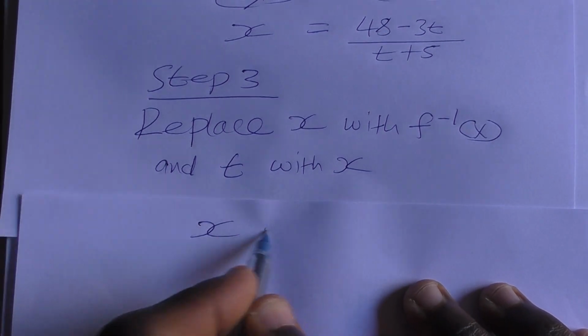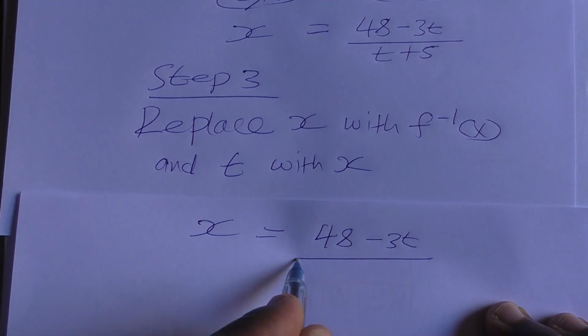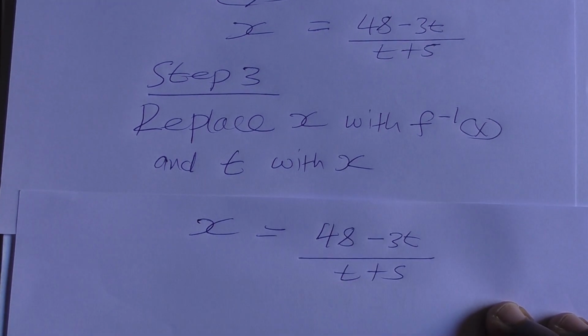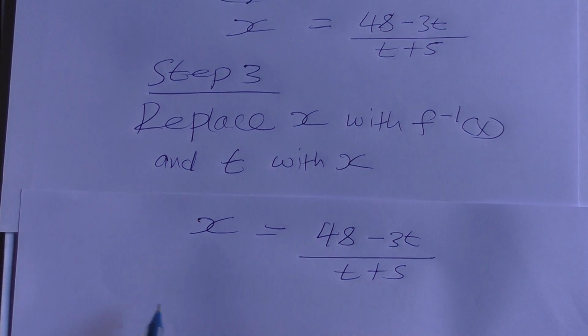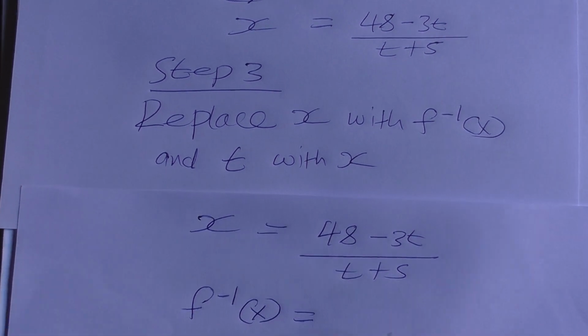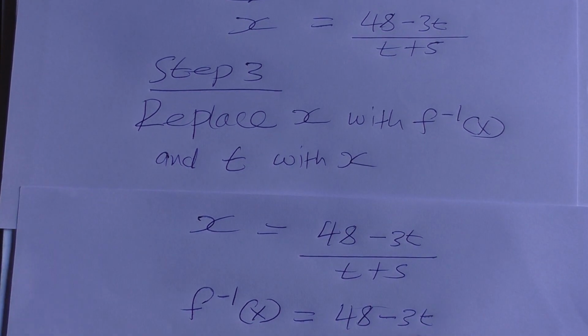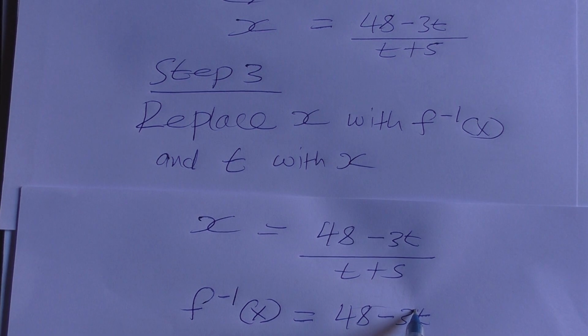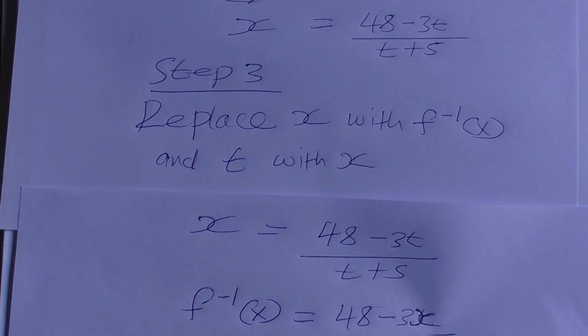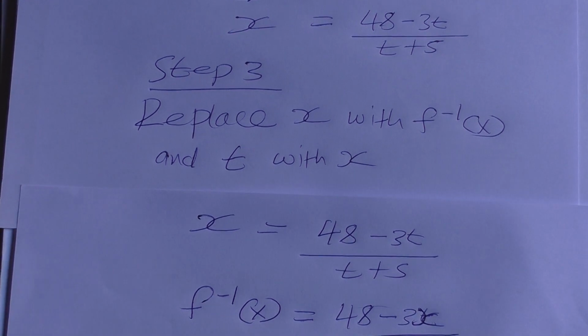Remember we have x as 48 minus 3t over t plus 5. So when we replace, we shall have f inverse of x equaling 48 minus 3x over x plus 5.